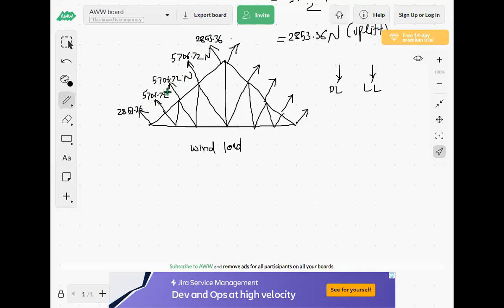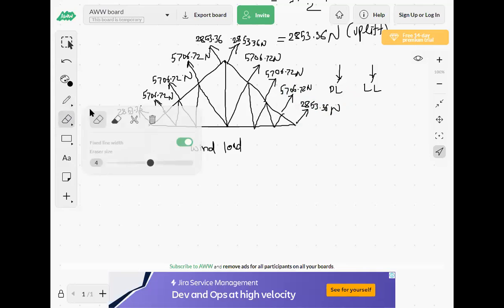Write down the units, Newton. So this is 5706.72 Newton and 2853.36 Newton. On the intermediate panel points and on the end panel points, these are the wind loads.